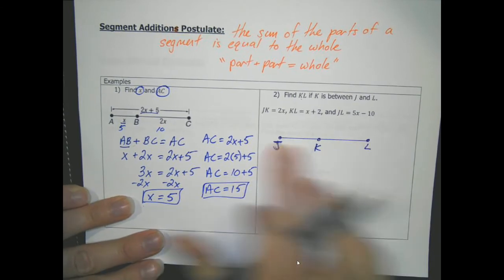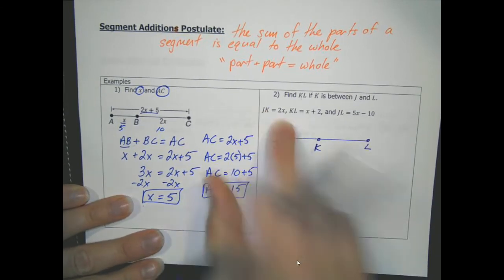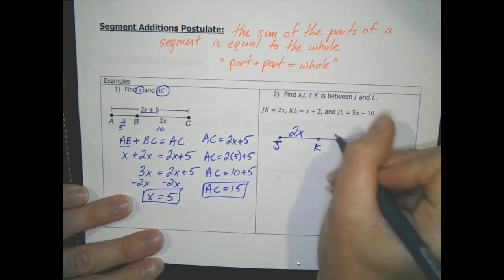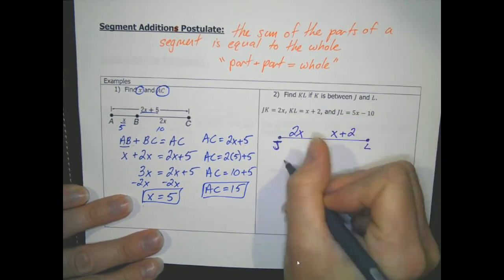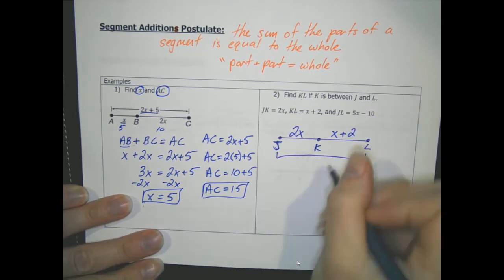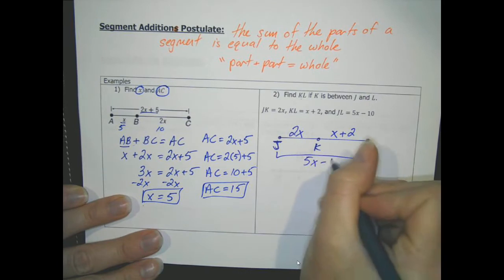Okay, then I fill in my diagram. So it says the distance from J to K is 2x. The distance from K to L is x plus 2. And then the last thing we're given is the distance from J to L is 5x minus 10.